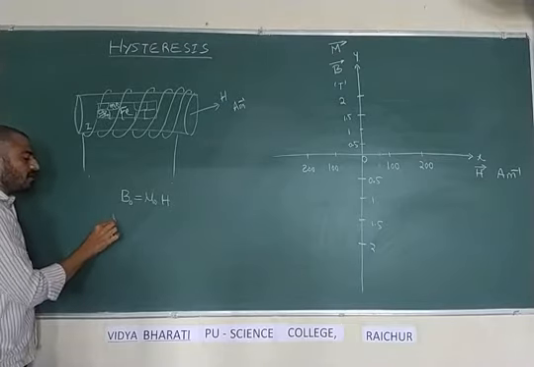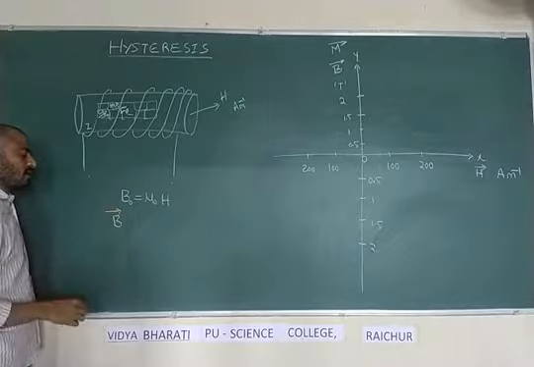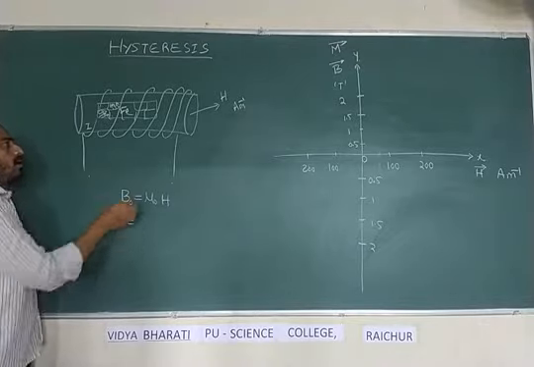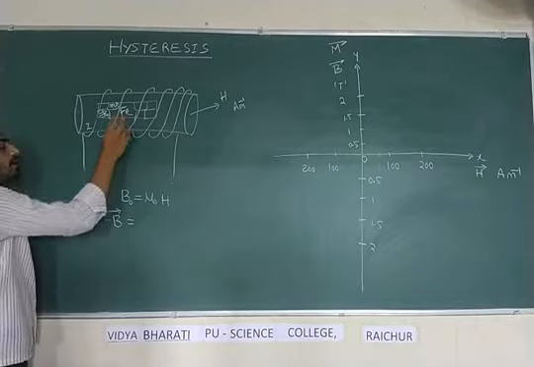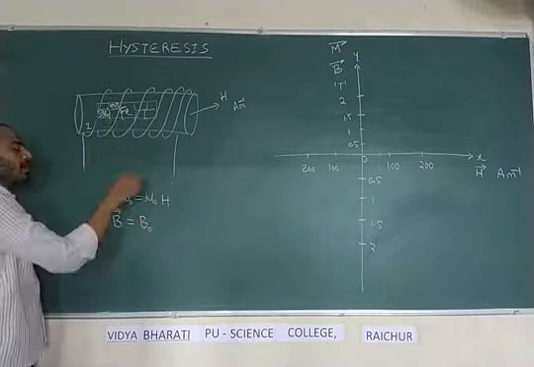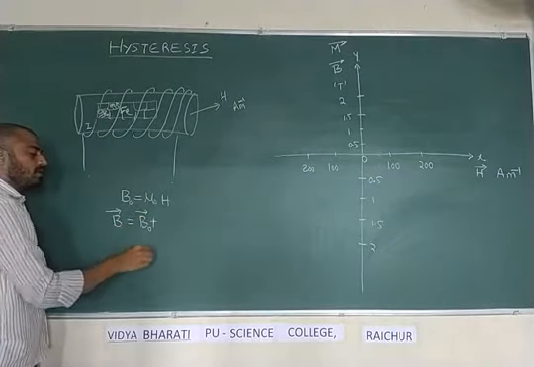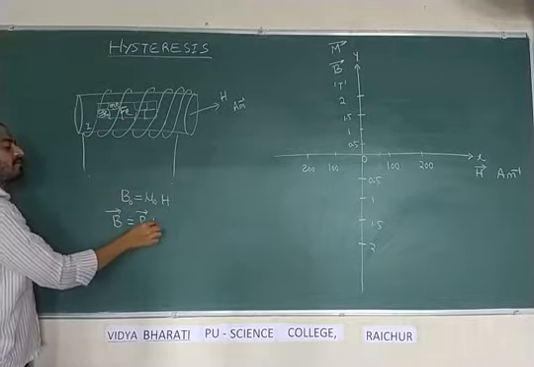And that net magnetic induction, that total magnetic induction inside the material, inside that iron, is the field established due to the external current plus the field established due to the material itself.